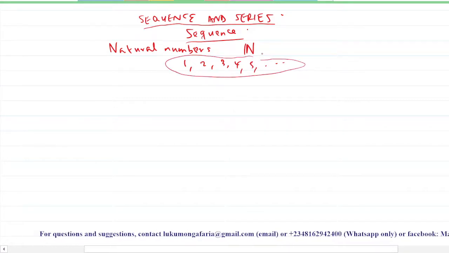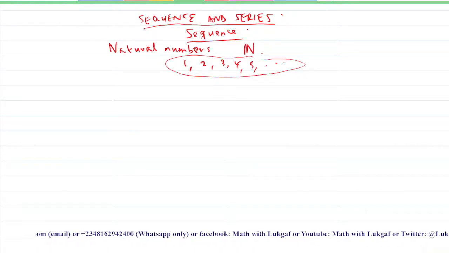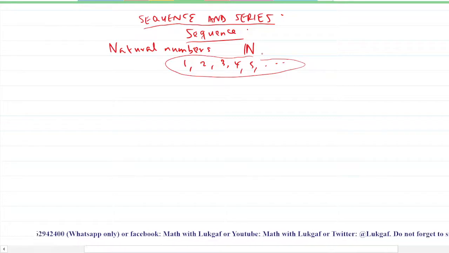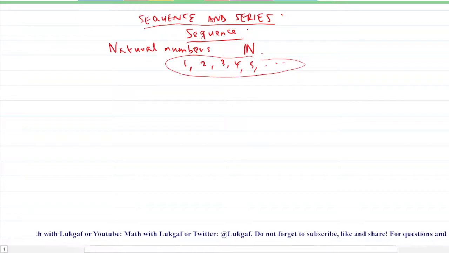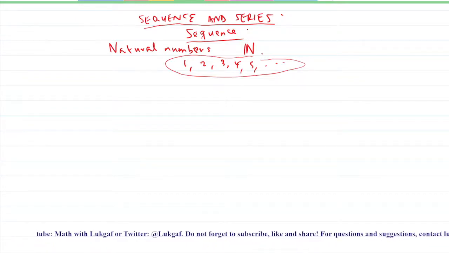A sequence is an arrangement of numbers that follow a certain pattern or rule. You understand now? So when you have a list of numbers such as the one you are looking at on the screen that follows a certain rule or pattern, we say it is a sequence. For example, natural numbers are a sequence because the rule is that you add one to get the next term.